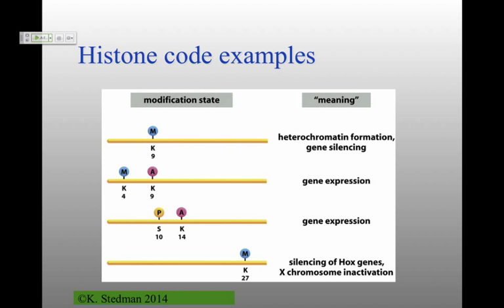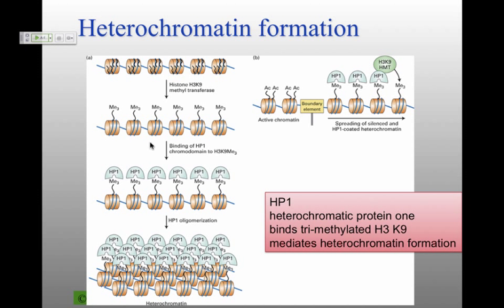So we'll look at 2 examples of that right now. The first one is going to be where we have methylation. And again, this is methylation at the lysine at position 9 of histone H3. You have a specific protein, histone H3K9 methyltransferase. What does it do? It methylates that particular position.